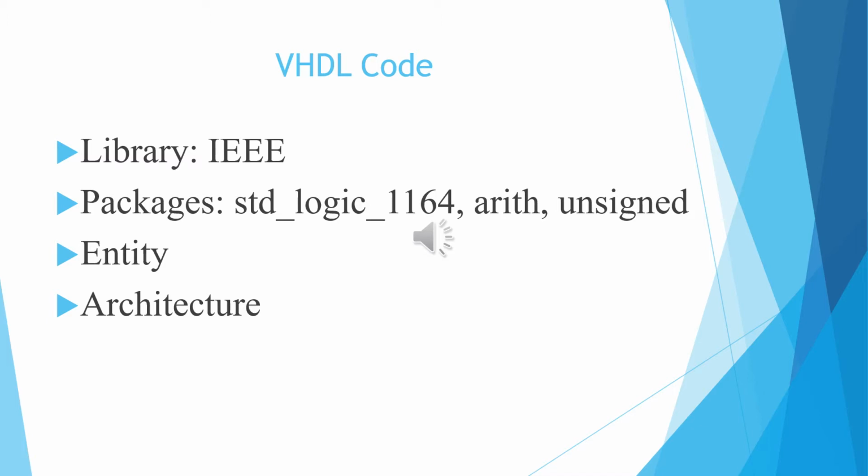Package file is often used in conjunction with a VHDL library. Some packages which are commonly used in VHDL code are Standard Logic 1164, arith, and unsigned. Entity describes number of inputs and outputs to a system. Architecture describes exact behavior of the circuitry.